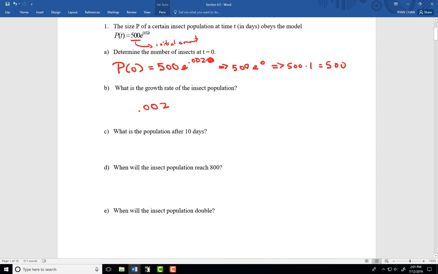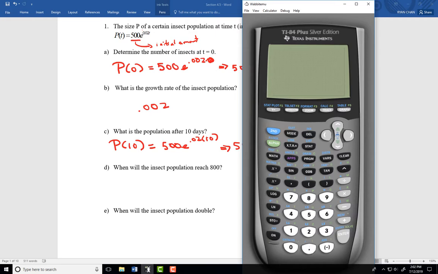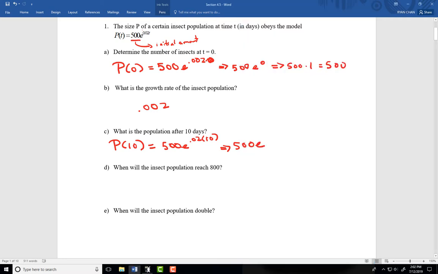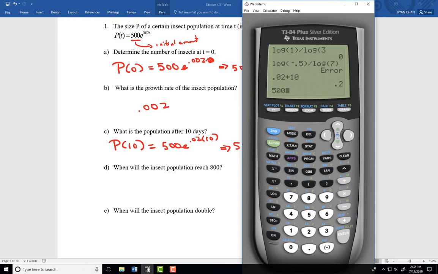It says, what is the population after 10 days? So all we do is plug in 10 for t. That's 500 e to the 0.02, you can throw all this in your calculator if you want, and you get approximately 510.